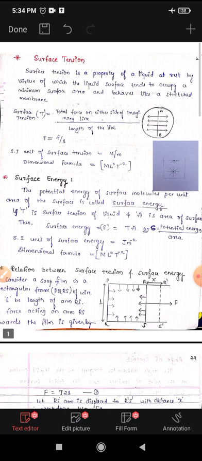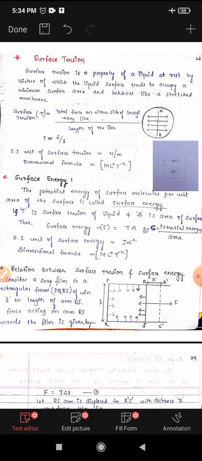Take this round shape as the surface of any liquid. So to note down the surface tension of any liquid, take an imaginary line AB. On this imaginary line AB, opposite and equal forces are applied by the surface tension forces on each side.